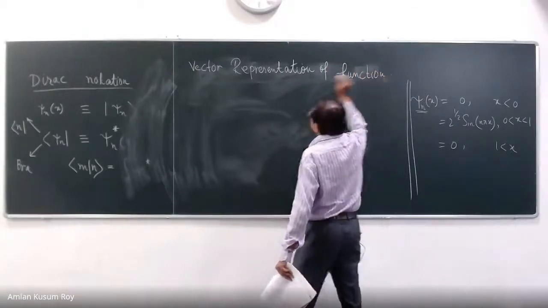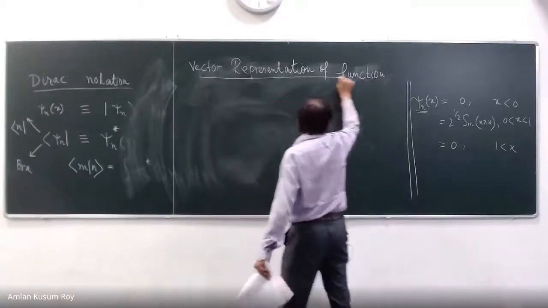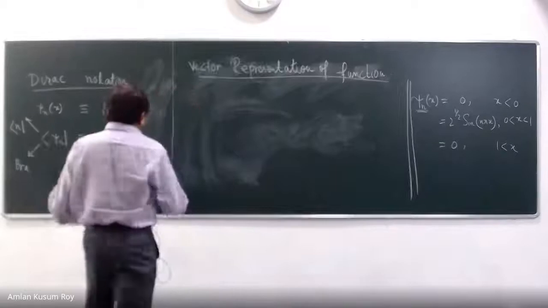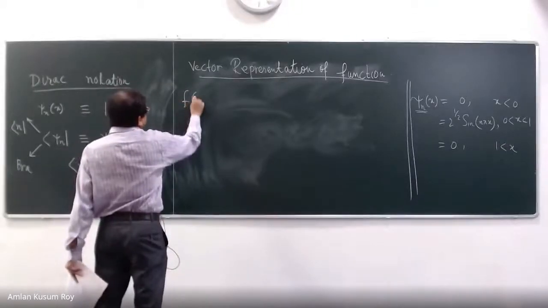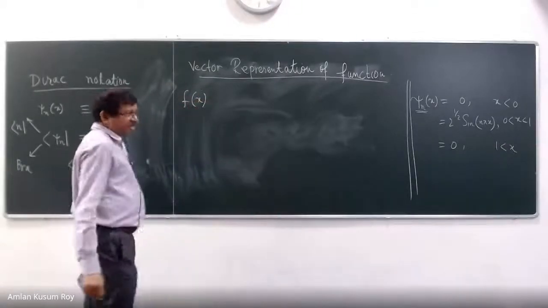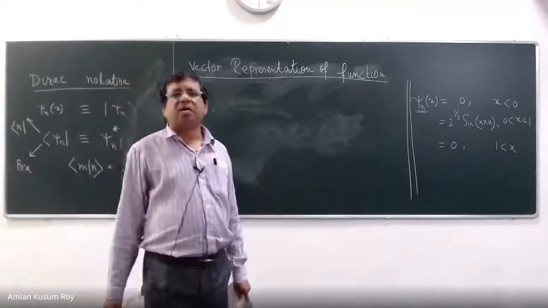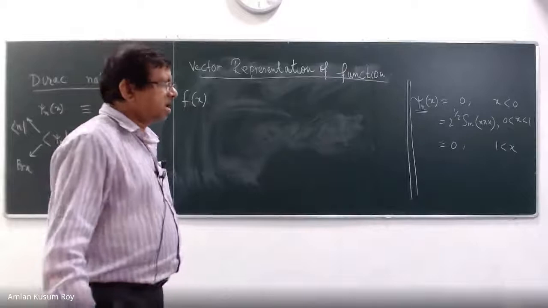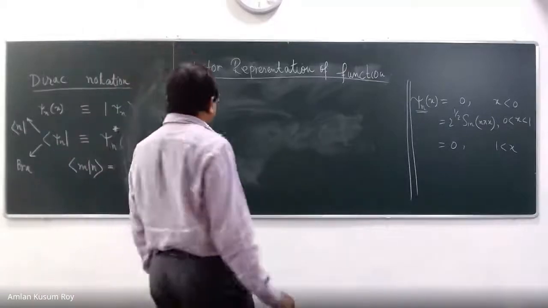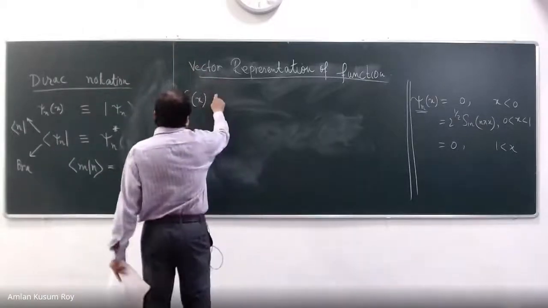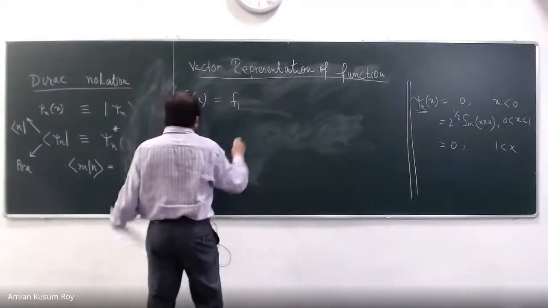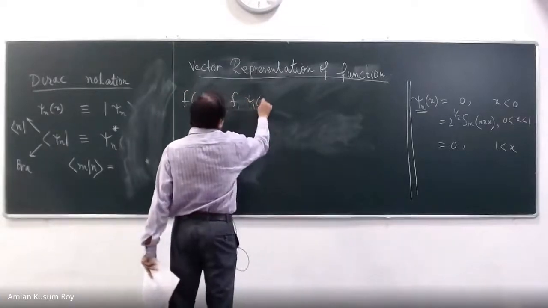Very simple, but it is just a notation, so nothing to worry about. Vector representation of a function: let us suppose you have a function f(x). All of you have studied Fourier series and polynomials and this kind of stuff, series expansion of functions. So we are going to write this function.